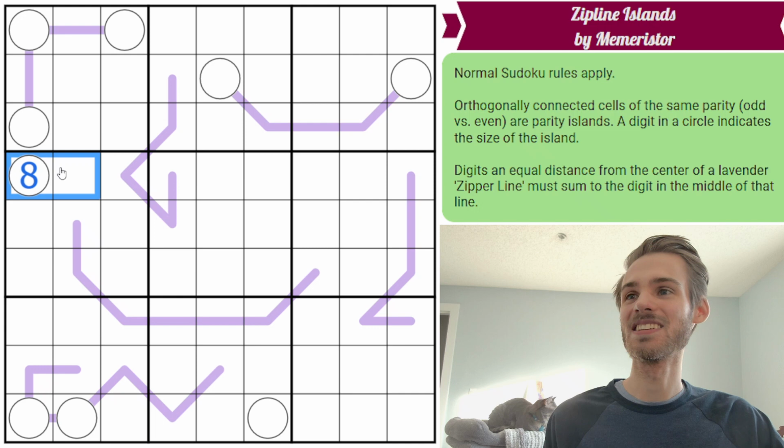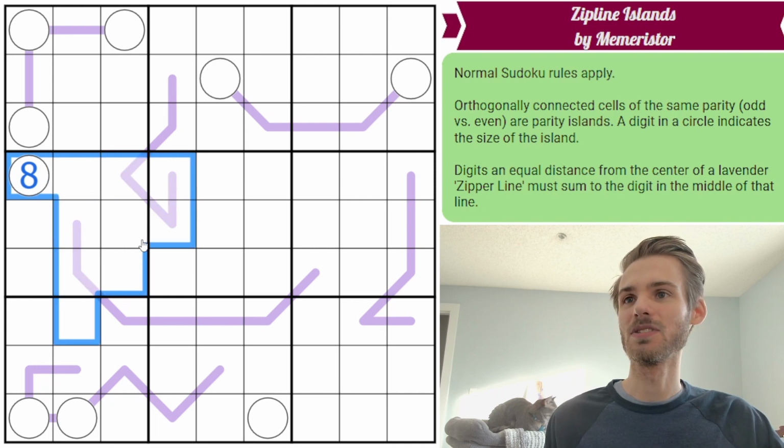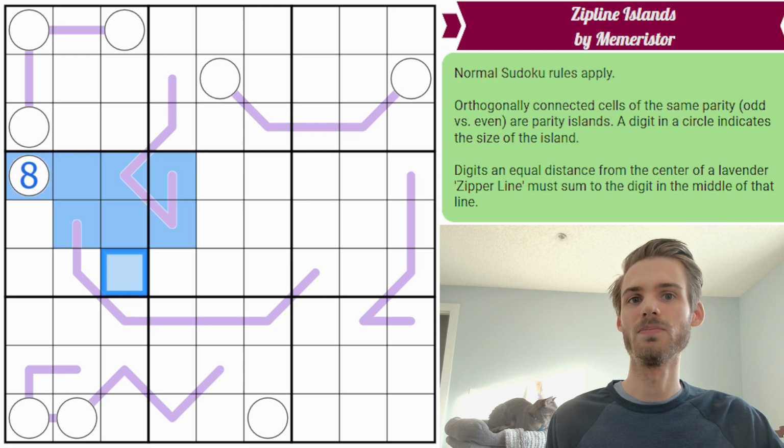Anyways, so let's say this is an 8, and then we had, I don't know, something like that. One less cell there, I think. Like that. So if we had, I guess we're going to need to make it realistic. Still not realistic.